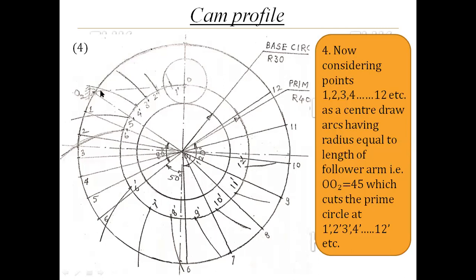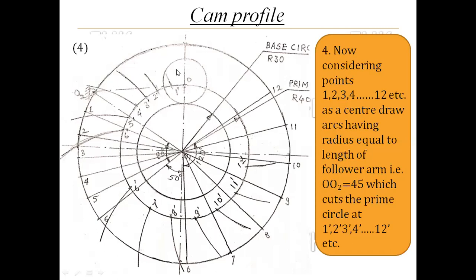Why do you have to take that distance of 45 mm in the compass? Because that is the fixed parameter which is not changing. Length of the follower is not changing for every position of the roller. Length is not changing. That is the fixed parameter.